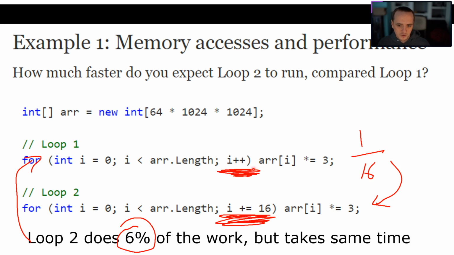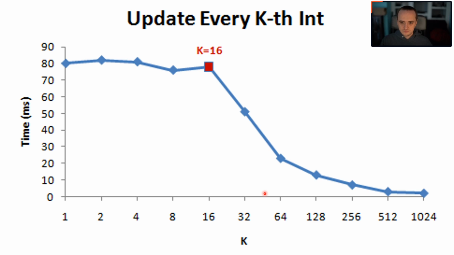So we're incrementing the loop counter by k equal to 1, incrementing the loop counter by k equal to 16. So, look at this. The amount of time it takes for this to run is the same for all values of k up to 16.